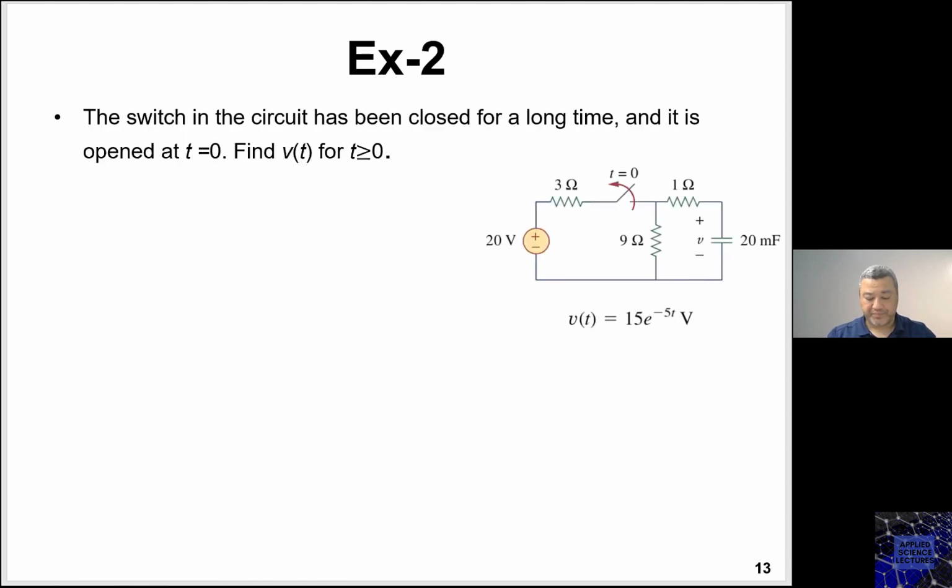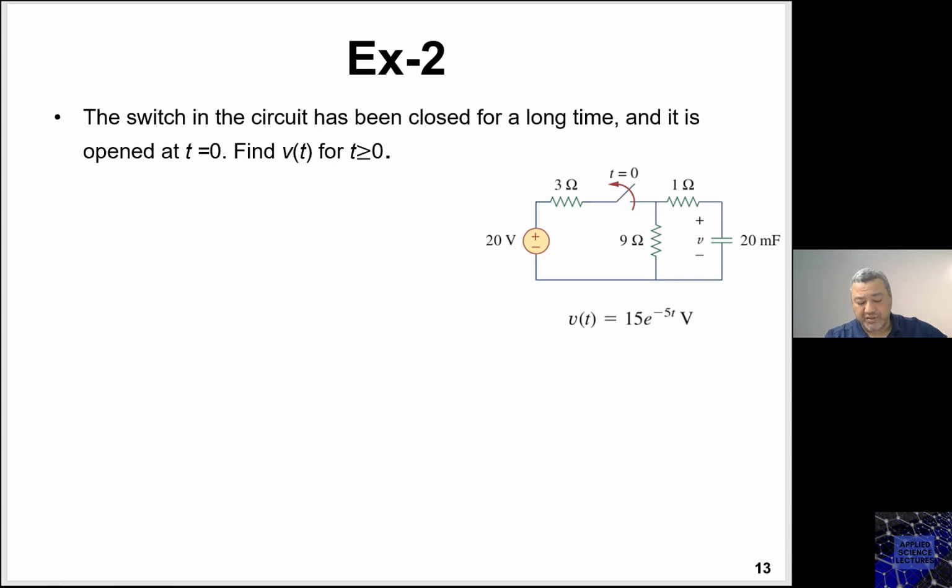Example number 2. Remember when I told you that the initial condition for the capacitor was given in example number 1, but not necessarily given, you have to find it. Here is what's going to happen.